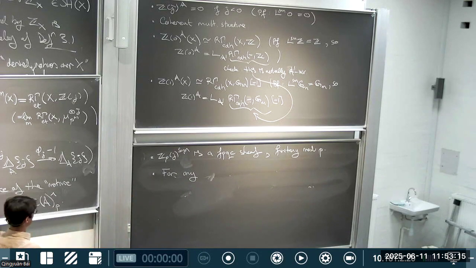And so these properties are in fact somehow enough to tell you the theory in general. So if I want to now compute it on some random scheme, I break it into affines because I satisfy Zariski descent. And then on affine, I've got now some ring, I want to understand its syntomic cohomology. I can, again, maybe take some filtered colimit. I can assume that A is quite a nice ring.